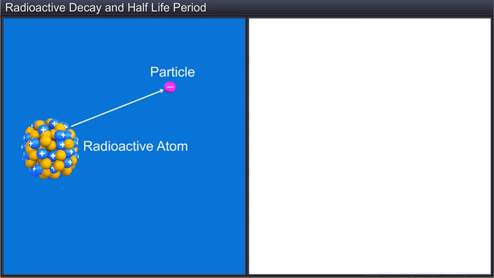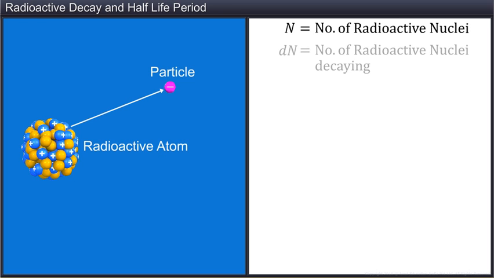For this, let us consider a sample of a radioactive element containing N number of radioactive atoms at time t. The number of nuclei, dN, which will decay, will be proportional to N, since the more the N value, more will decay in the time interval dt.